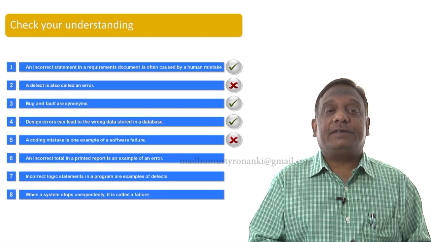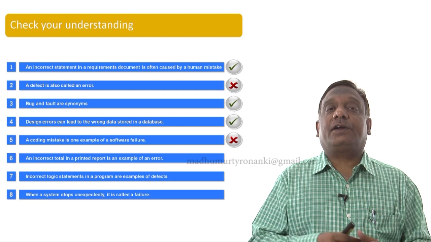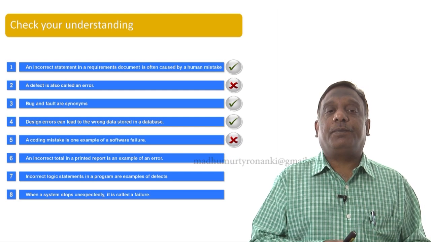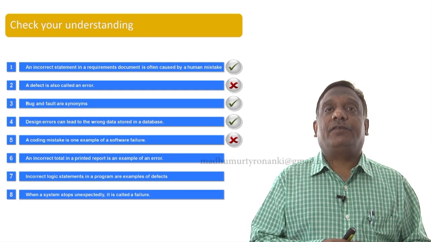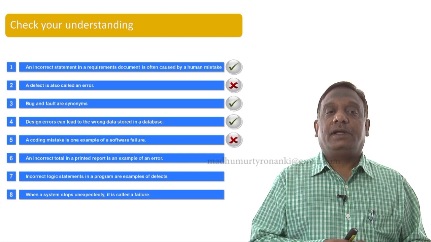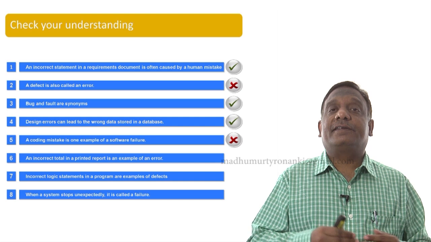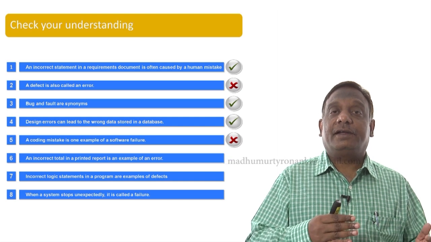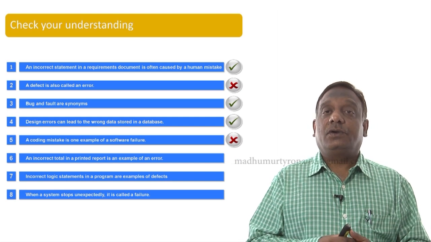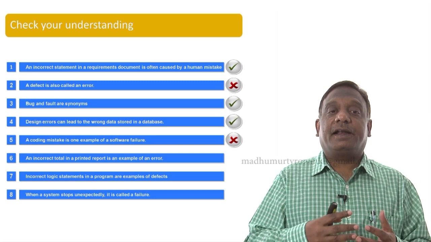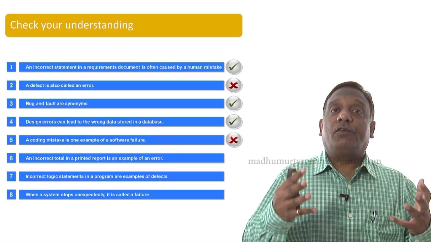The sixth statement says an incorrect total in a printed report is an example of an error. Right or wrong? So where does an incorrect total in a printed report happen?